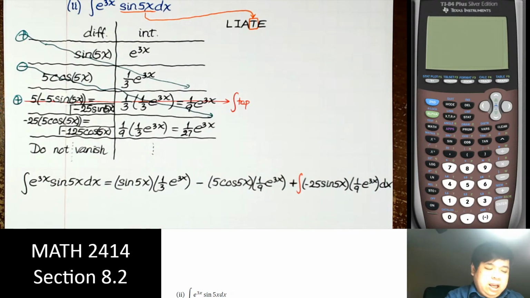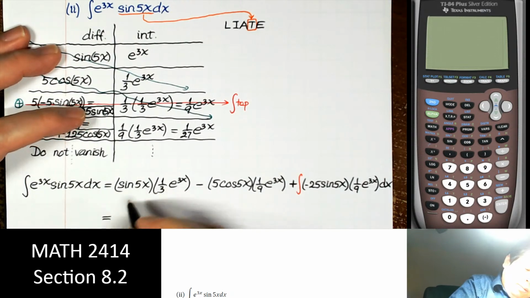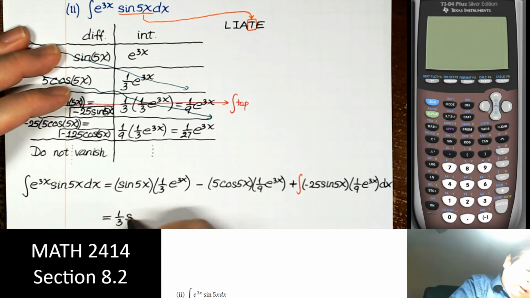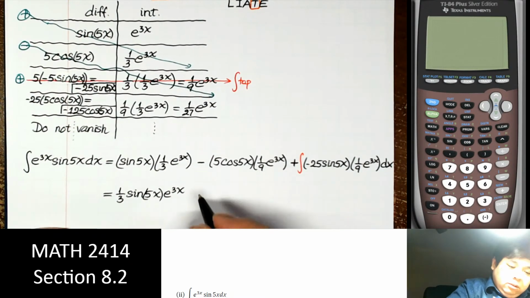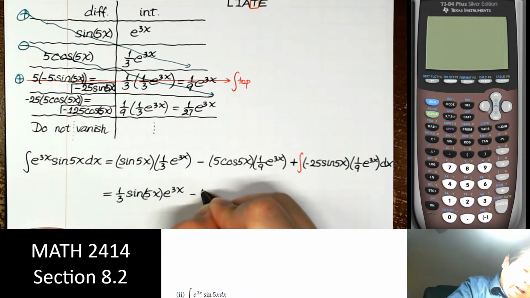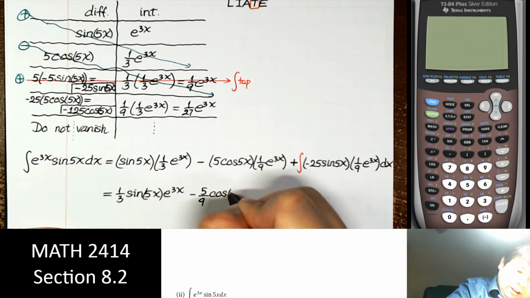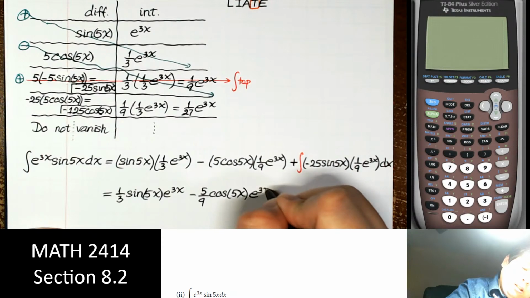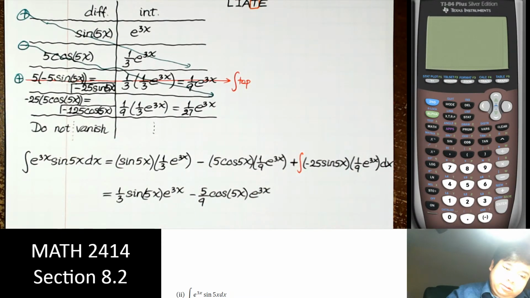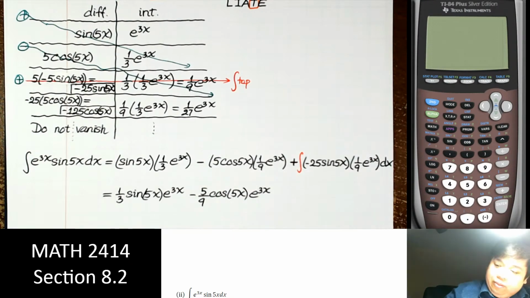Right. Let's simplify this a little bit. Maybe we have something. 1 over 3 sine of 5x e to the 3x minus 5 over 9 cosine of 5x e to the 3x, and that gives us negative 25 over 9.